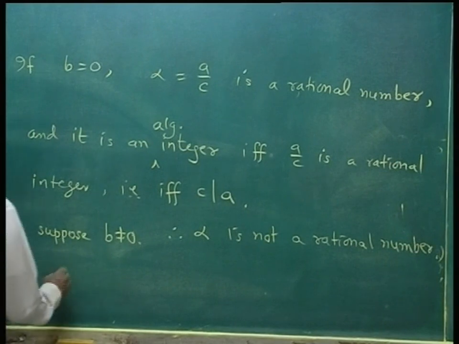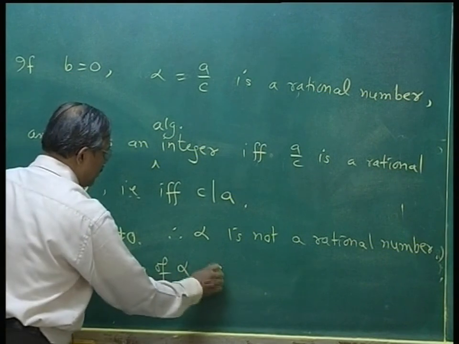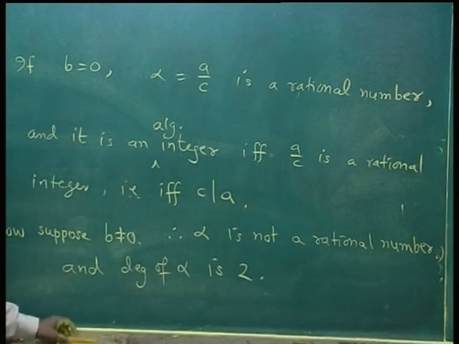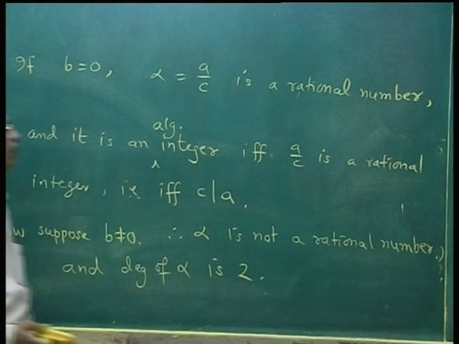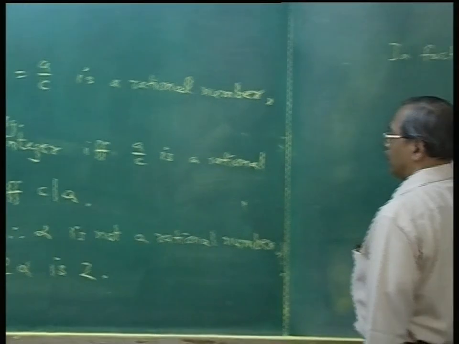And what is the degree of alpha? It is 2. It is not 1, and degree will be 2. In fact, we can give the polynomial. In fact, alpha satisfies... What is the polynomial satisfied by alpha?